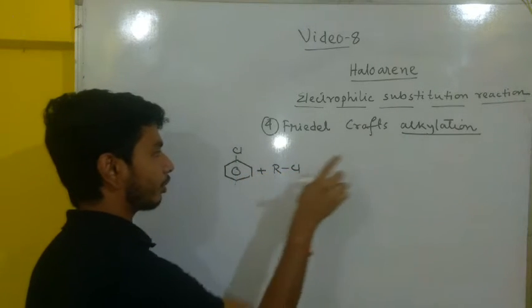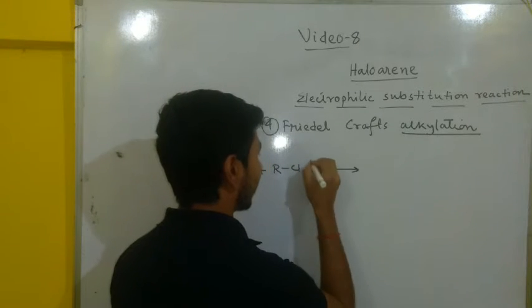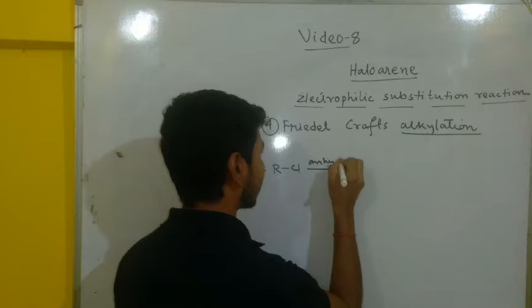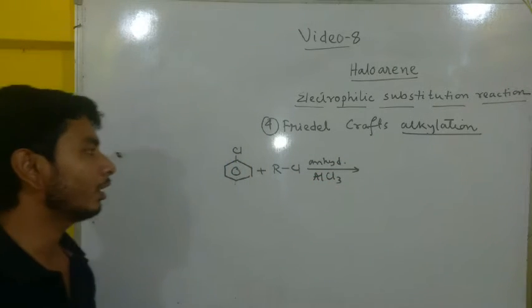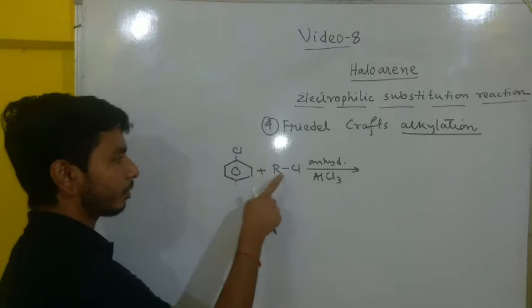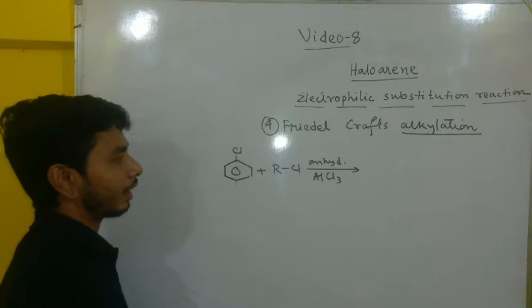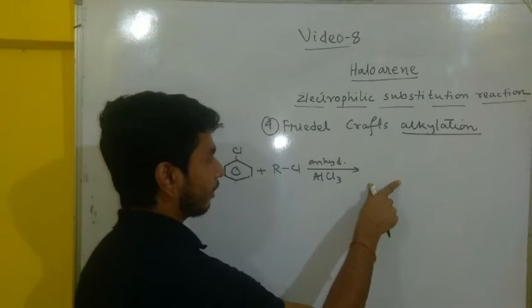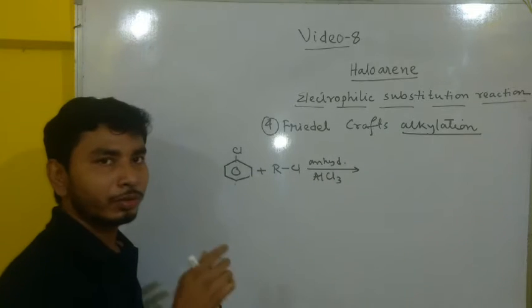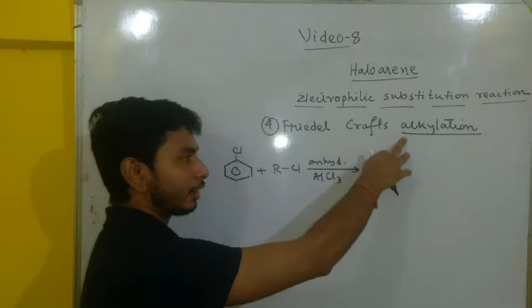In alkylation reaction, reagent is alkyl chloride in presence of anhydrous AlCl3, that is Lewis acid. Now in the product, alkyl group will go to the ortho position and para position because it is alkylation reaction.